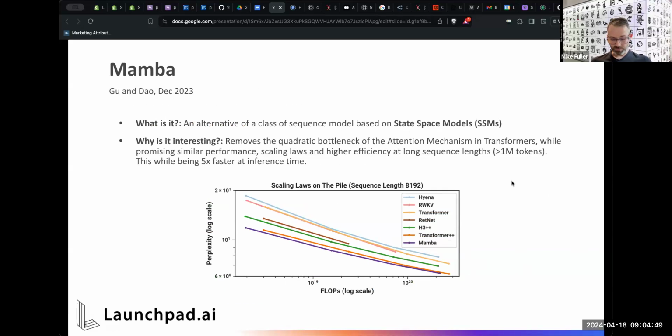Obviously, there's been further work in the transformer area on getting around the quadratic bottleneck of the attention mechanism. Google have just released a paper on infinite attention, which interestingly does not use the same mechanism that Mamba and SSMs use, but it's similar in the way that it works.